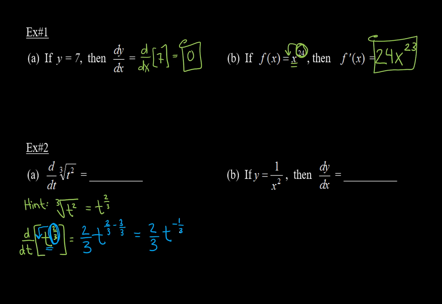Now, since this function started off as a root, I need to keep it in root form. So t to the negative 1/3 is like saying two things. First of all, it's saying that t to the 1/3 is in the denominator. And then that 1/3 is like saying the cube root.